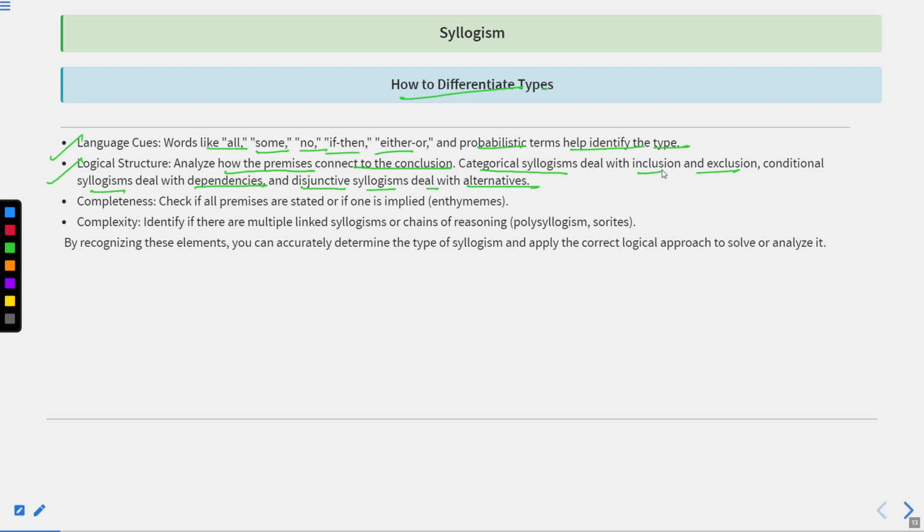How? Because we are talking about inclusion and exclusion of one particular thing with another. How they are related to each other is what we are trying to understand through categorical syllogism. Then conditional syllogism deals with dependencies. So if it is going to rain, then the floor will be wet. Okay. So one statement says that if there is going to be rain, the floor is going to be wet.